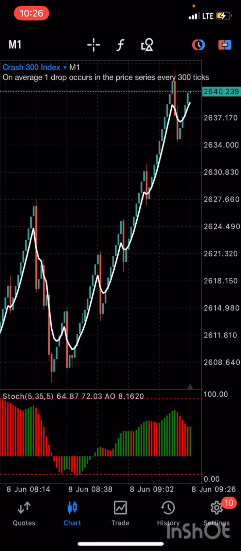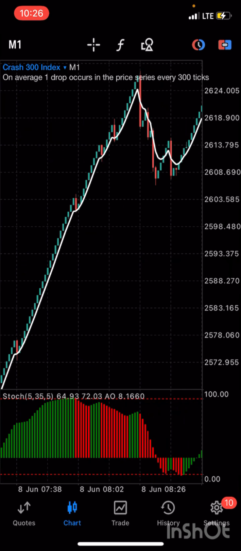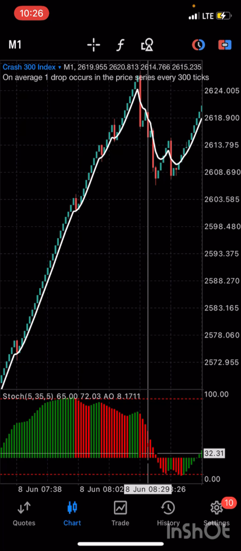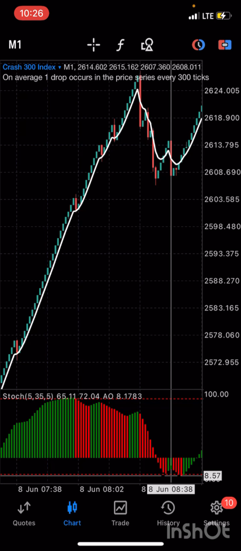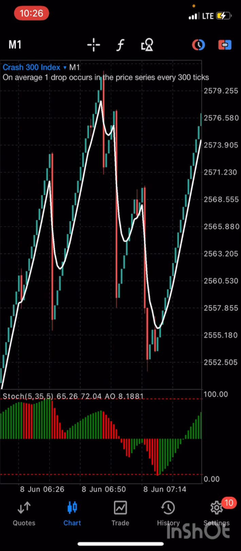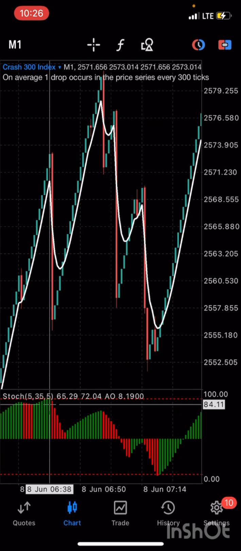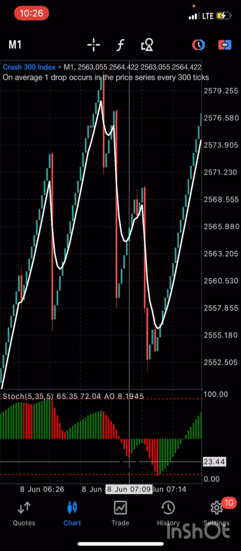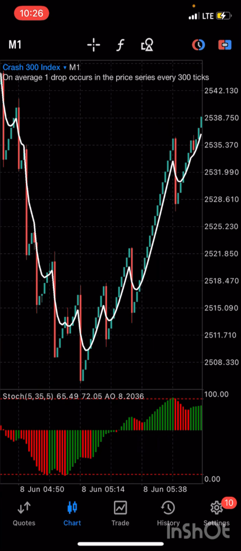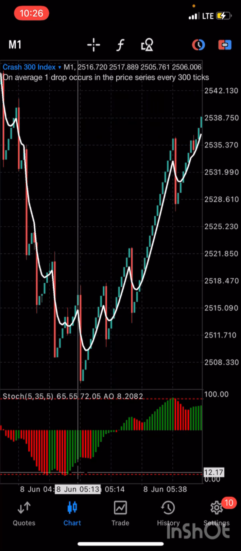Of course, let me backtrace this. Look at this. It got to the level 90 and started pulling back down to this level 10. Now let's keep back testing this. You see this got to the level, came down, got to this level, went back up. So this is a tested and proven strategy that works.